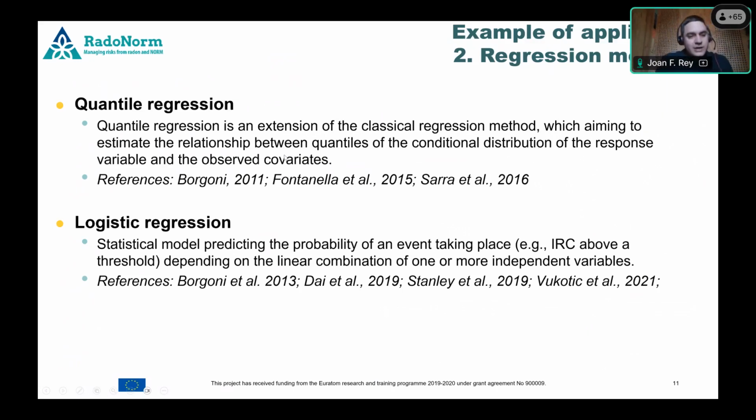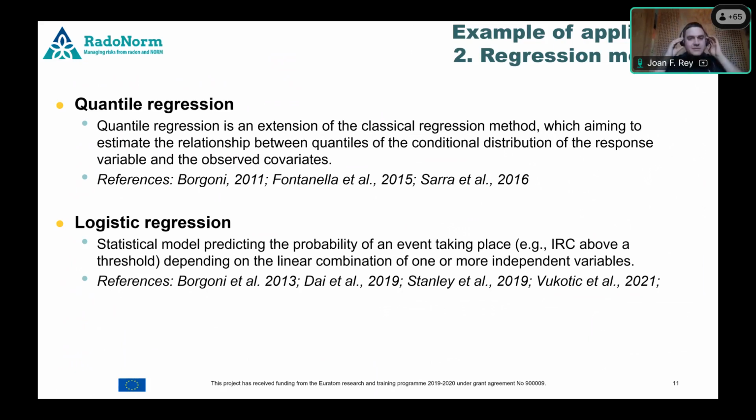And then we do have the logistic regression. The logistic regression is a binary predictor. It's going to predict the probability of an event to take place or not to take place. So for example, looking at whether we are above the threshold of a high indoor radon level, or below. It's a good tool to look at the different zones.